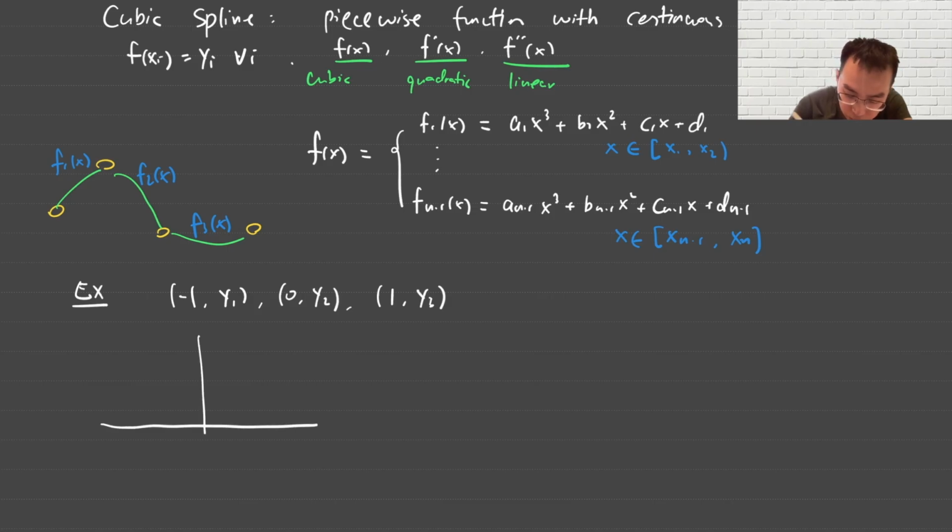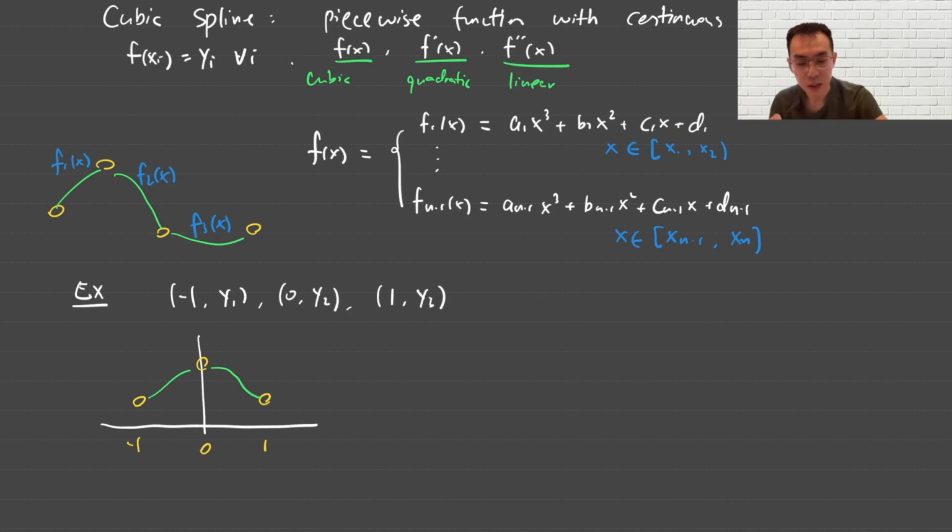This means that we have 3 points, and we're just going to see what is the best curve that can interpolate the data with a cubic spline. Let me write out the explicit form for this function.